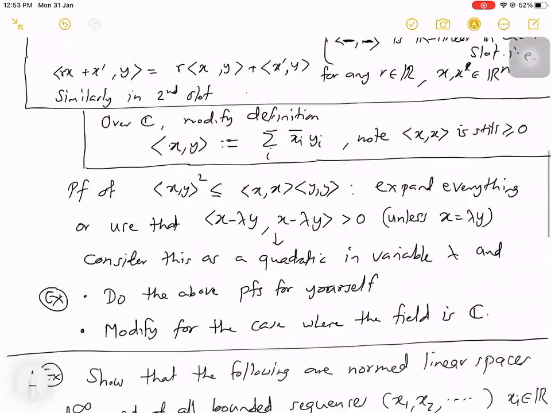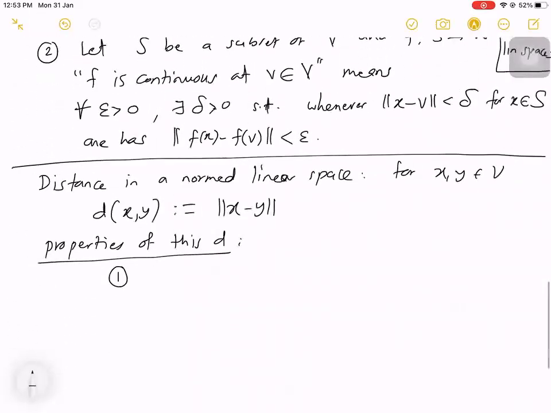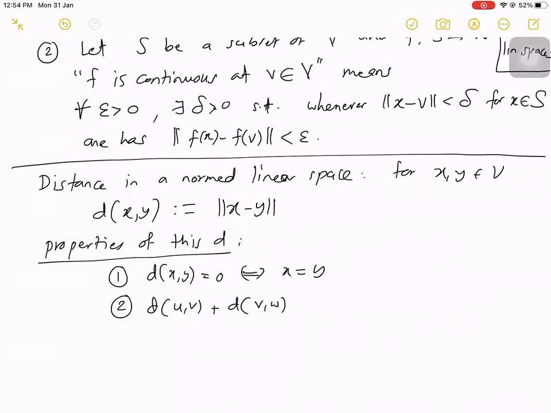Let me do this. So the properties: d of x, y equal to 0 if and only if x is equal to y. The second is d of u, v plus d of v, w greater than or equal to d of u, w.